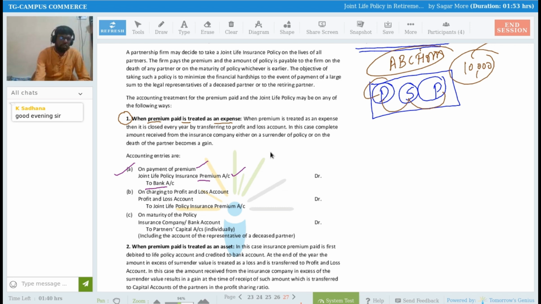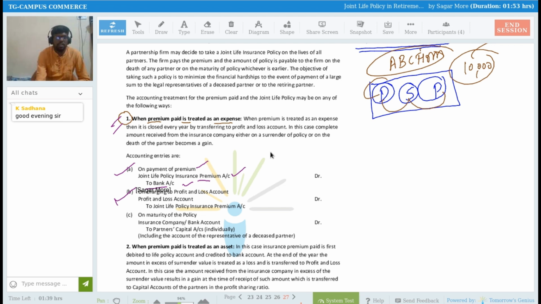And we credit the bank account because money goes out of the business. So after recording this, you consider the payment of rupees 10,000 as an expense of your business. And where we have to record expenses, we always record them on the debit side of the profit and loss account, right?